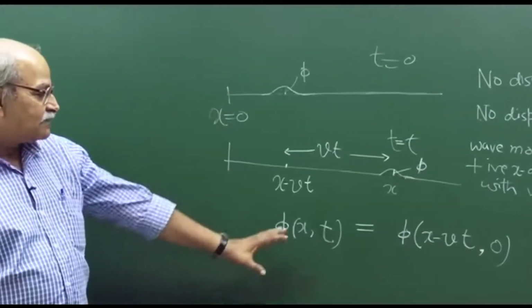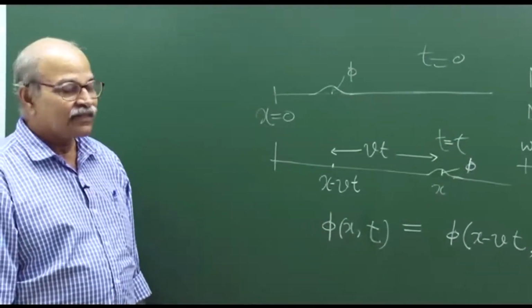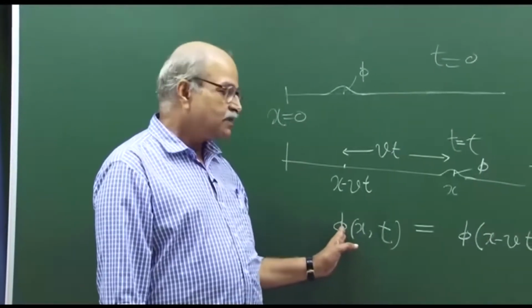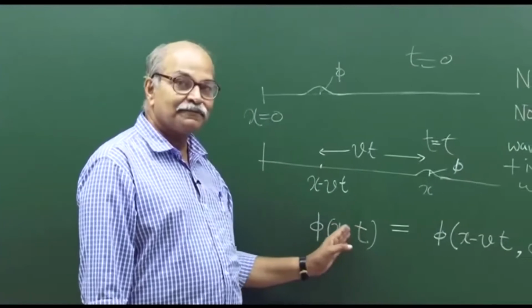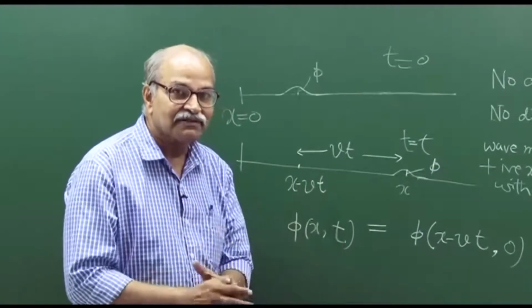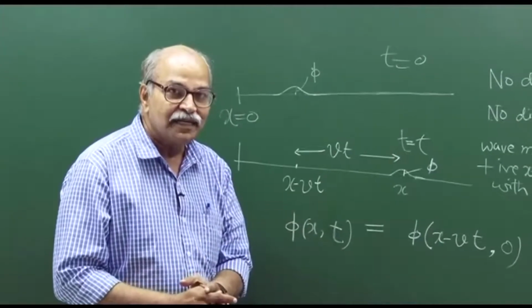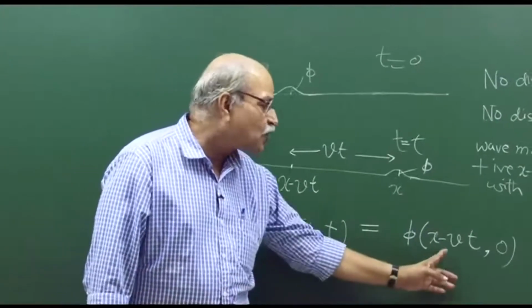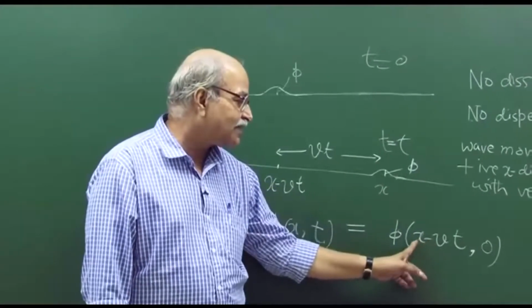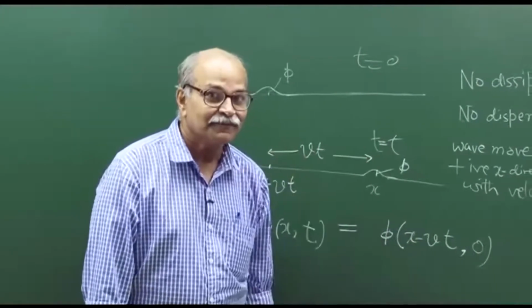So, this tells us a very interesting fact, that the general expression for disturbance in terms of x and t must have x and t coming only in this combination. x and t must come as a combination x minus vt and nothing else.